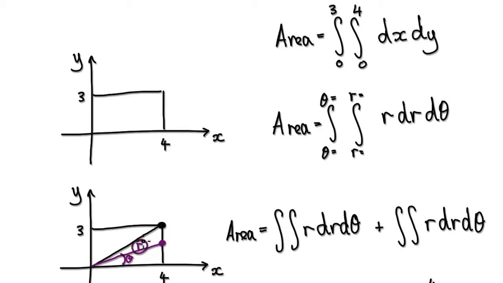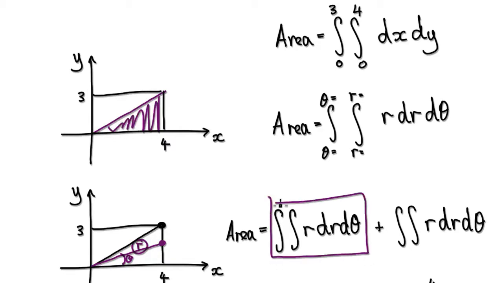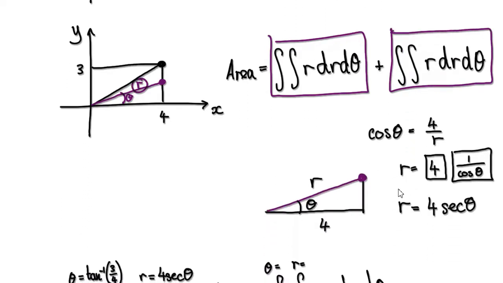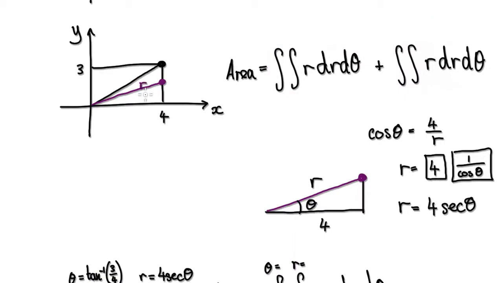When we cut this up, this region will be represented by this integral, and this region by this double integral. But we need to be able to work out the radius for any given angle.